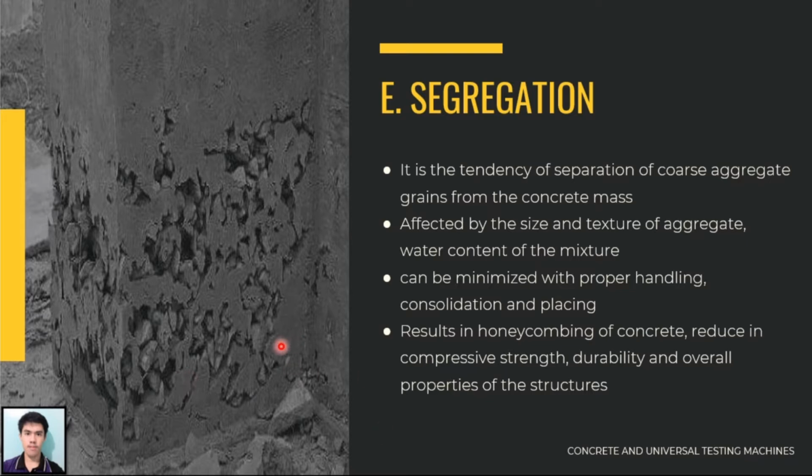Halimbawa, masyado matubig yung concrete natin, concrete mixture. Pag nabuo yun, syempre, magre-resulta yun sa honeycomb or ampaw. Pag ganun, naghihiwa-hiwalay siya, ayan, gaya dito. So, humihina yung overall strength ng ating structure dahil doon.